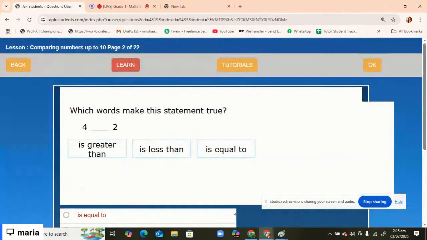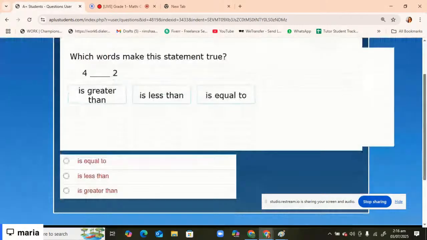Let's do this one. Which word makes the statement true? There is 4 and 2. So tell me, 4 is greater than 2, 4 is less than 2, or 4 is equals to 2. What is the right option?